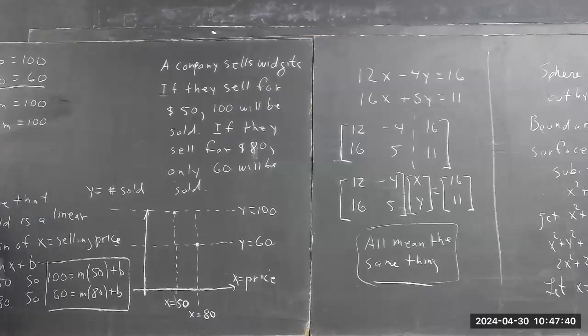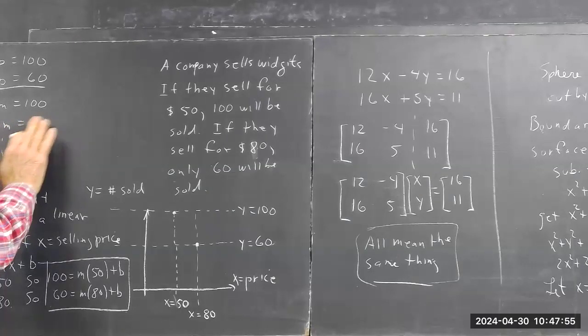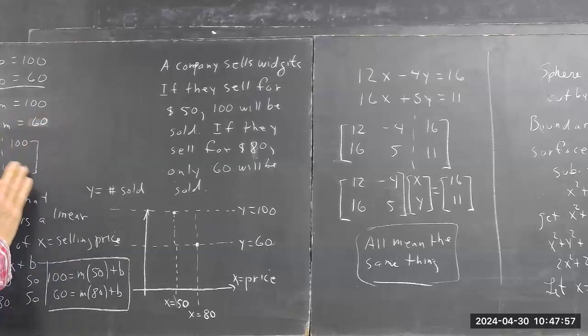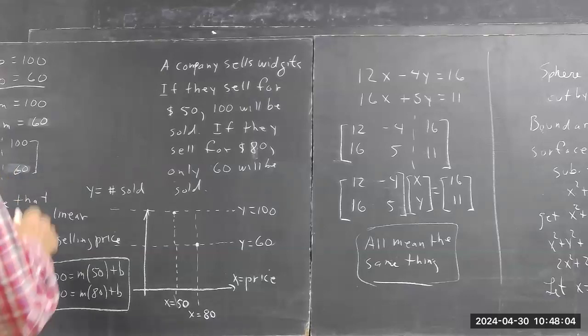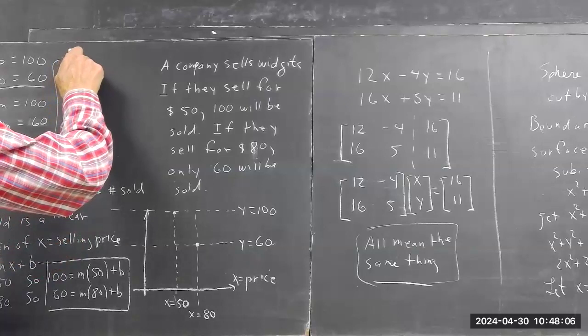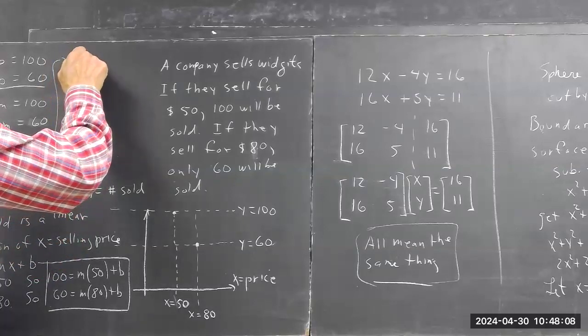That gives me the augmented matrix 1, 50, 100, 1, 80, and it's not 100, it's 60 here. Now this is easy to reduce.